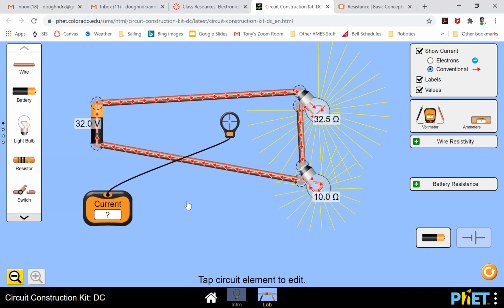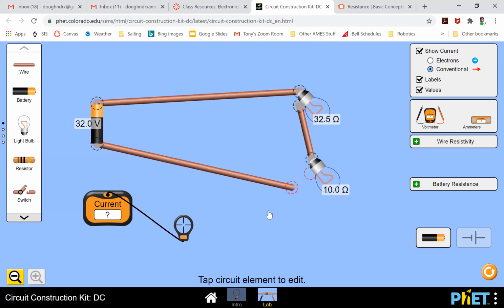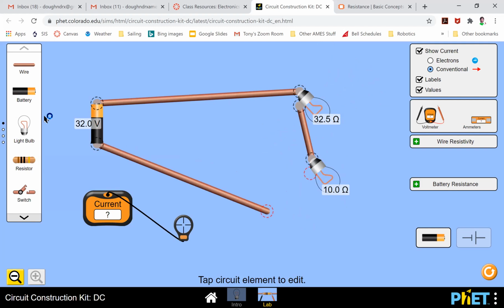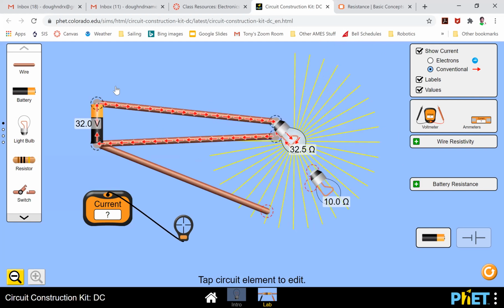Now, if I wanted to, I could get fancy here. I could maybe have multiple loops in my circuit. Let's say we've got one branch that looks like that, and I've got another branch that looks like this.